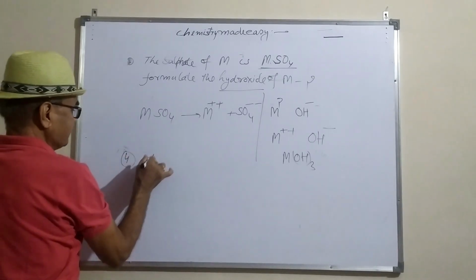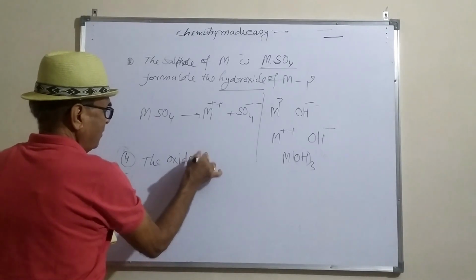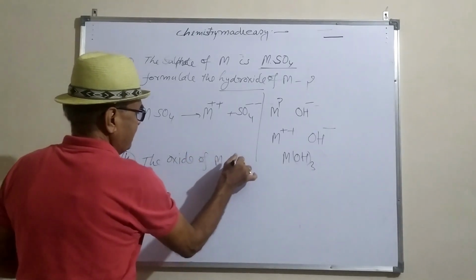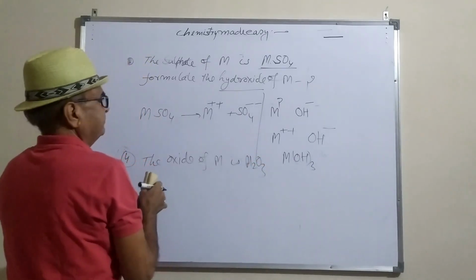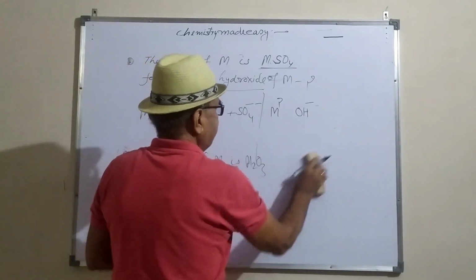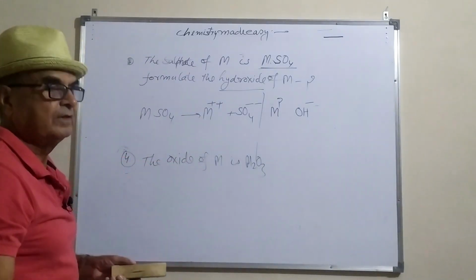Now, taking the next question, the fourth question. The oxide of M is M2O3.